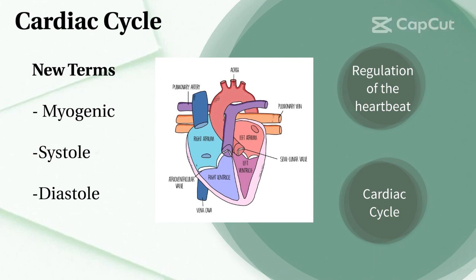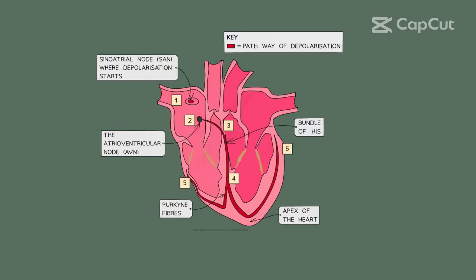So now let's go step by step looking at how the heart is able to initiate its own contraction. It begins in the wall of the right atrium, so the top left chamber. And there's a region within the right atrium called the sinoatrial node. And this is essentially the pacemaker of the heart. This initiates the wave of electrical stimulation, which is going to be carried throughout the heart, into the different chambers, which takes us through all of that blood moving through the heart.